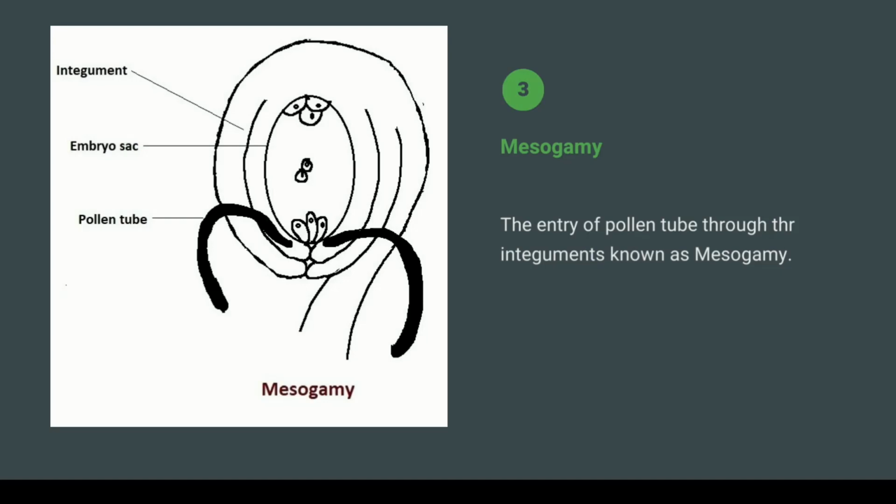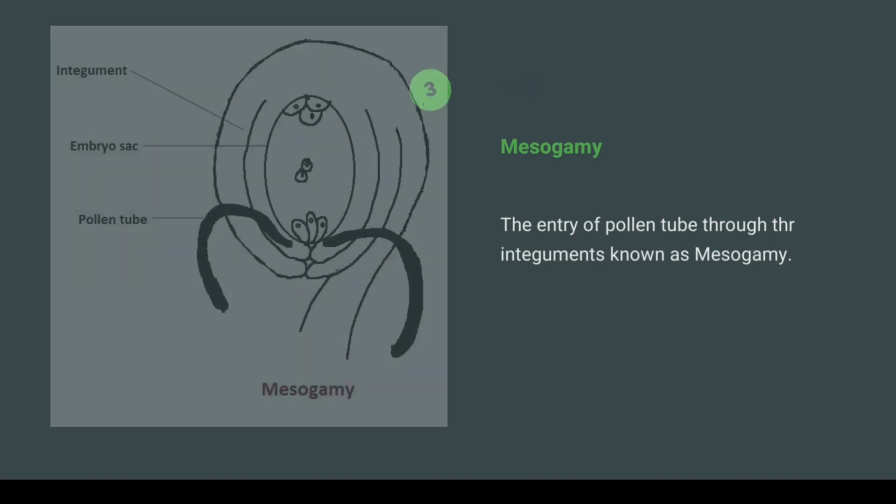Here the pollen tube enters directly through the integuments, and those pollen tubes fusing or entering through the integuments will release the male gametes inside the nucellus for the process of fertilization. So these are the three different types by which the pollen tube can make its entry into the female structure.